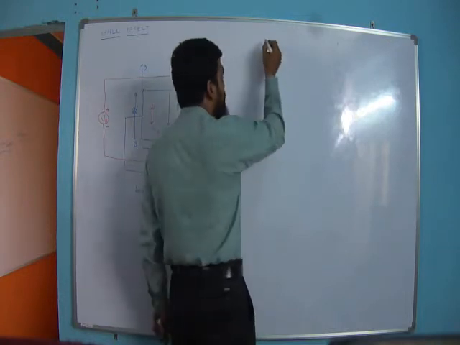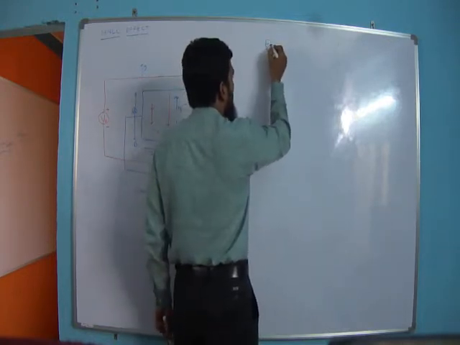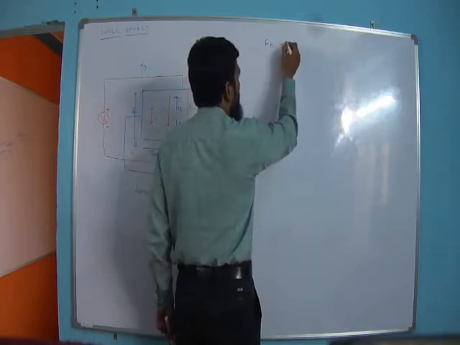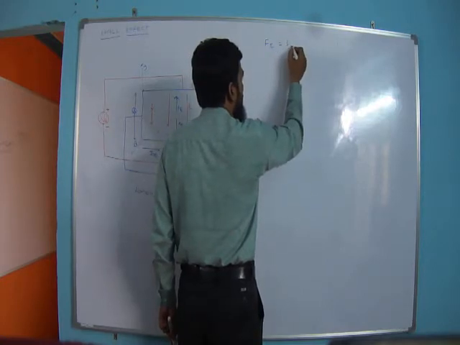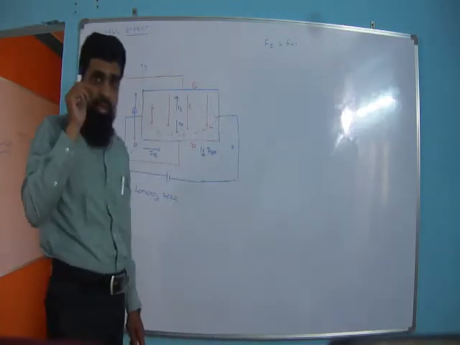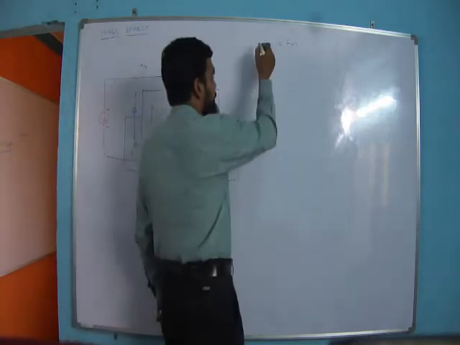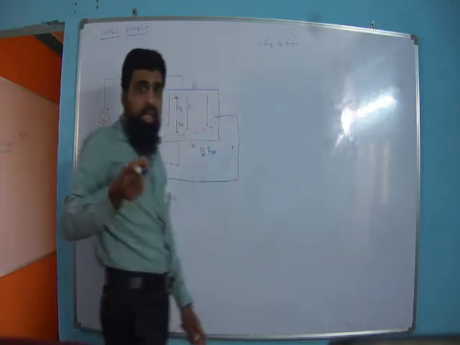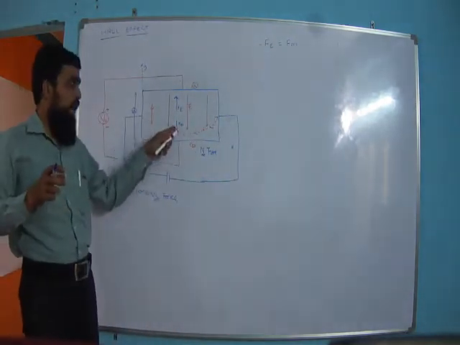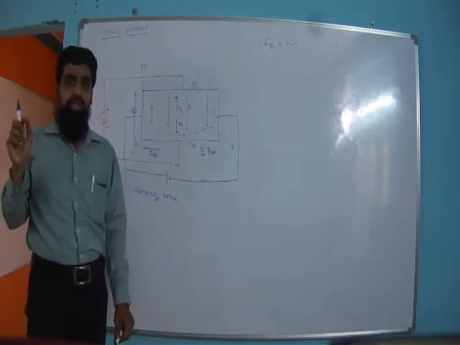We have seen that the force because of the electric field is equal to the force because of the magnetic field. I am keeping a negative sign just to represent that these two forces are in opposite directions.